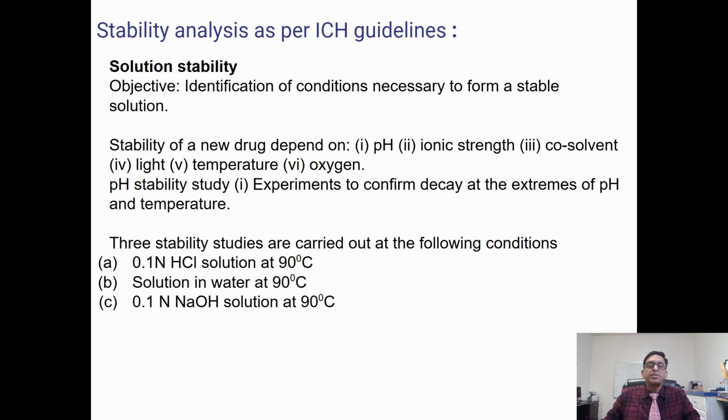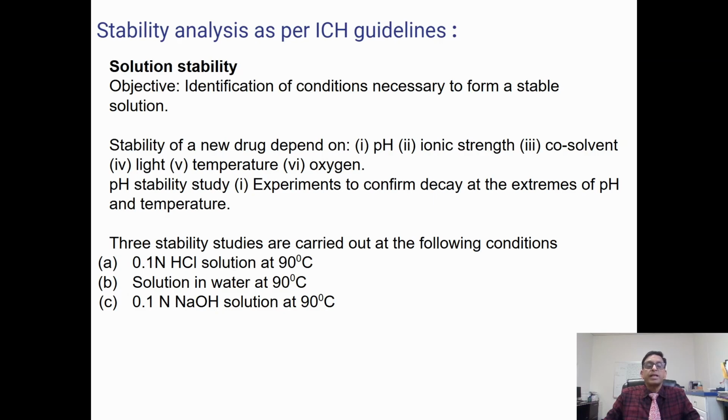So in a pH stability study protocol, we have to perform a pH stability profile to understand at which extreme pH condition and temperature the product is going to be unstable.